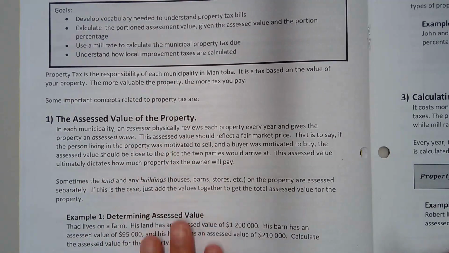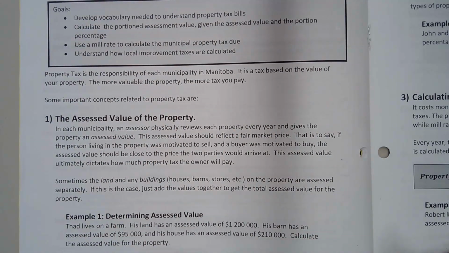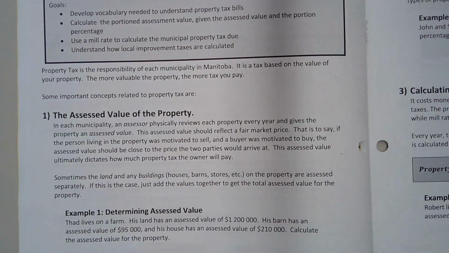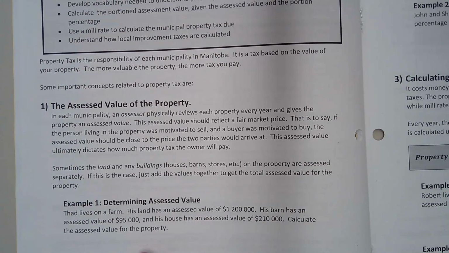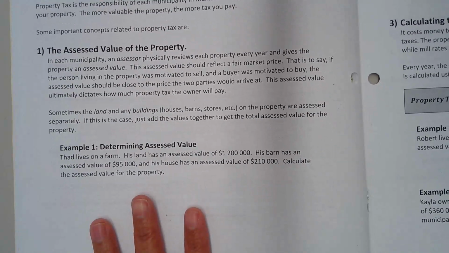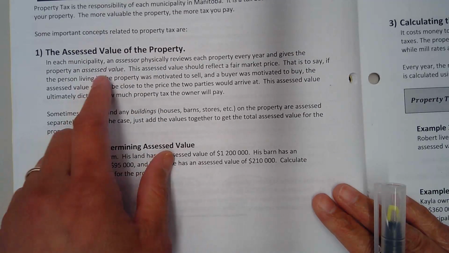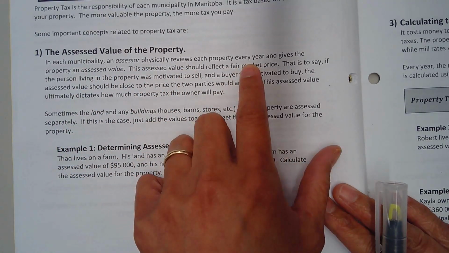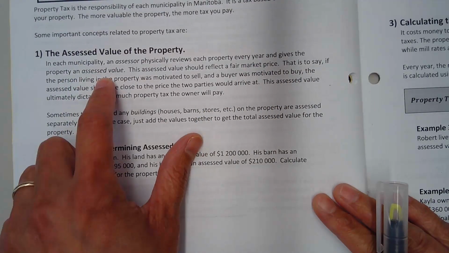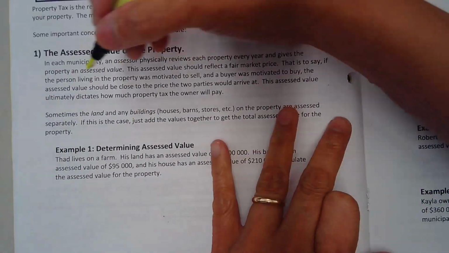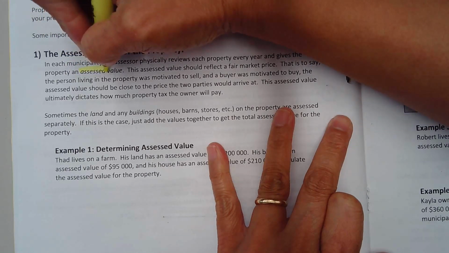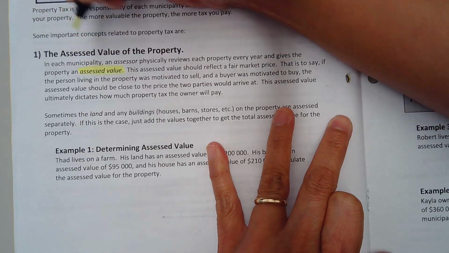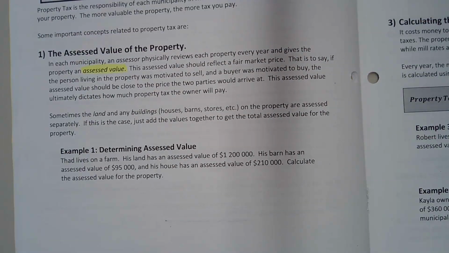So here are some vocabulary words that we have to discuss. Assessed value. In each municipality, an assessor physically reviews each property every year and gives the property an assessed value. An assessed value is, they're trying to figure out how much the property is worth.